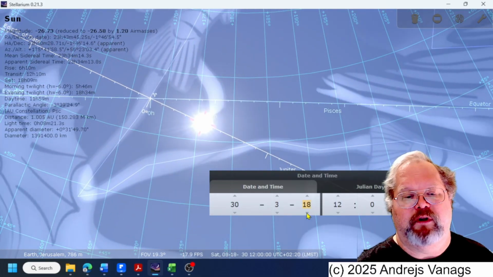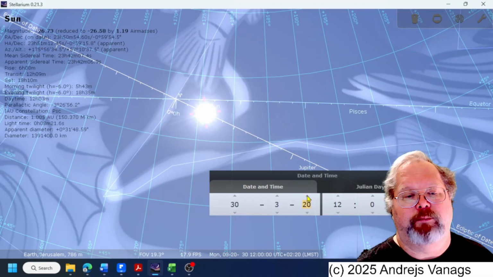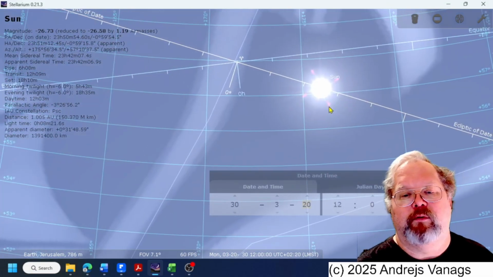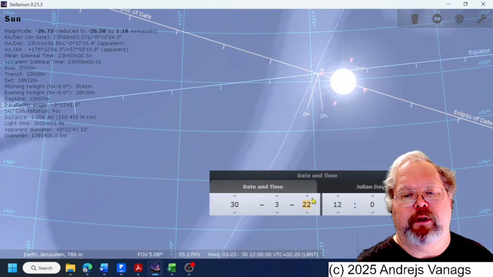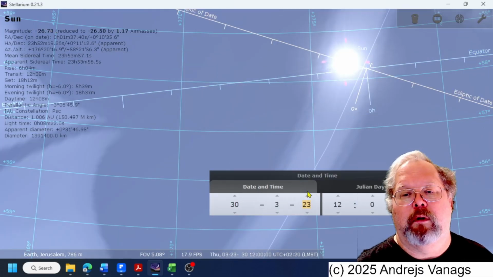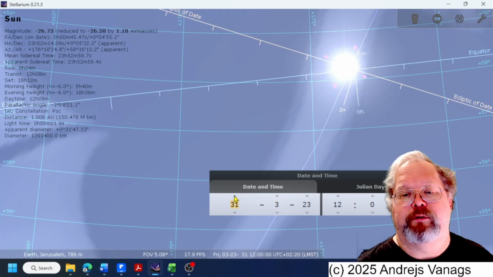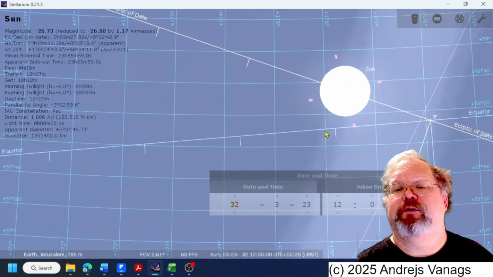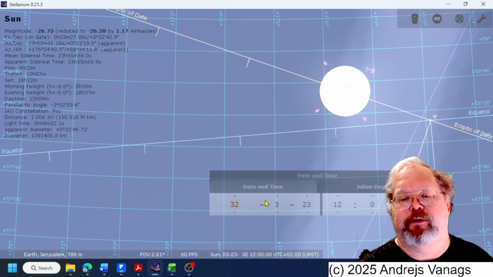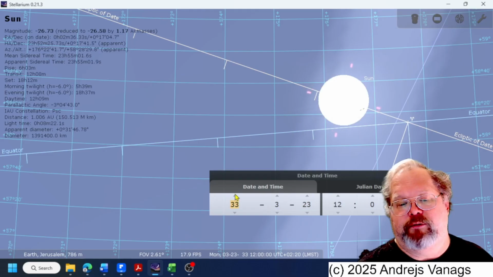So every day the sun advances a little bit along the ecliptic. See it a little better. And on year 30, it was on the 23rd. We can check 31 was also the 23rd. 32 was almost crossing to the 23rd, but it's still the 23rd. And 33 is the 23rd.